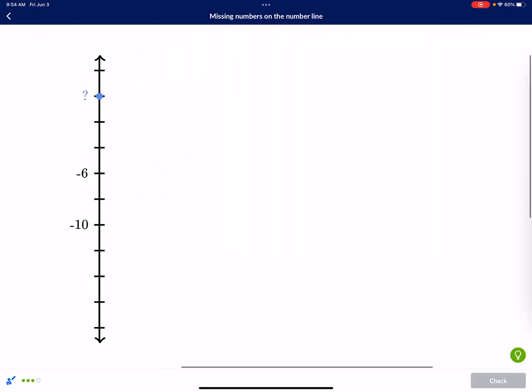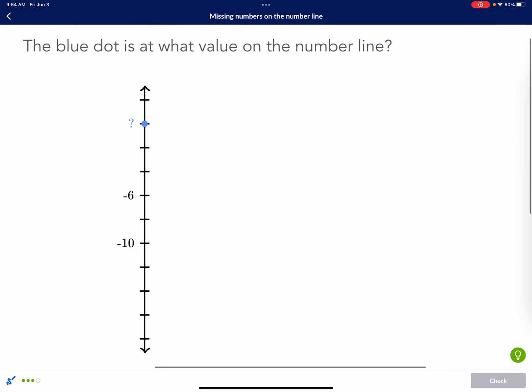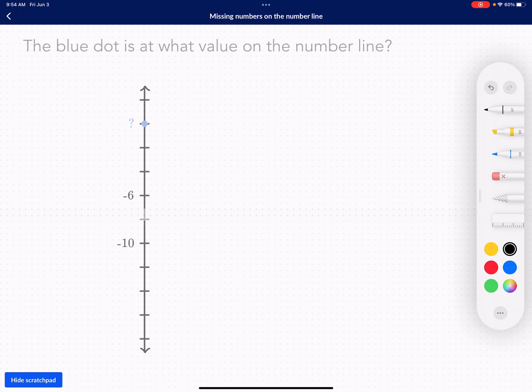So let's take a look at this one. The blue dot is at which value on the number line? So we got this number here. Now this is a little bit more tricky. So what I'm going to do is draw a number line that is going to mimic this. Let's start from 0, and then we'll go all the way to -10.